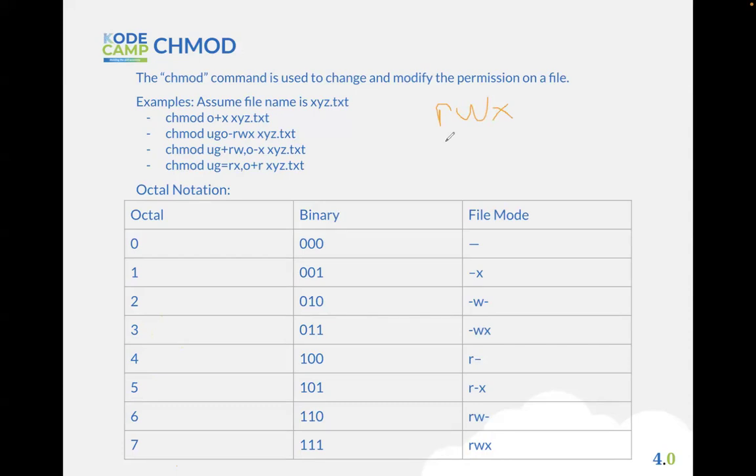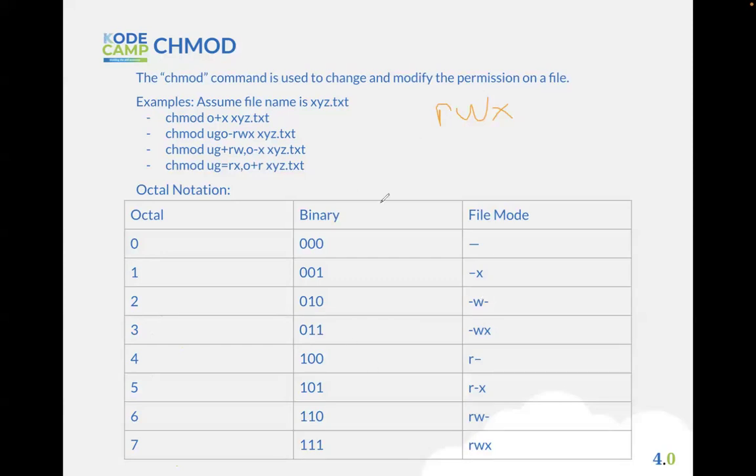Whatever it is, it will be either true or false for each of these. So this now needs to be converted to a decimal number. Does that make sense? Yes, I'm with you, sir. It makes sense.